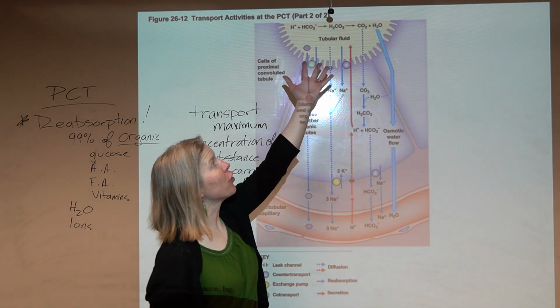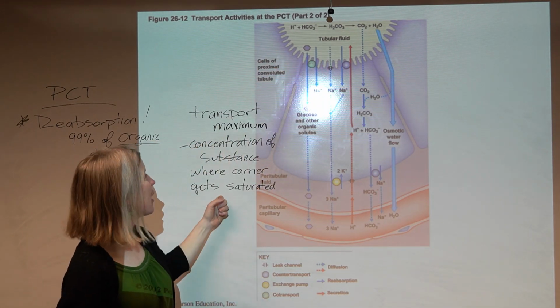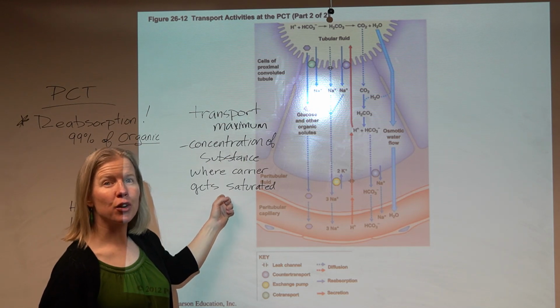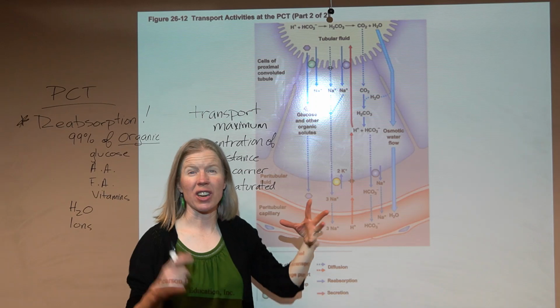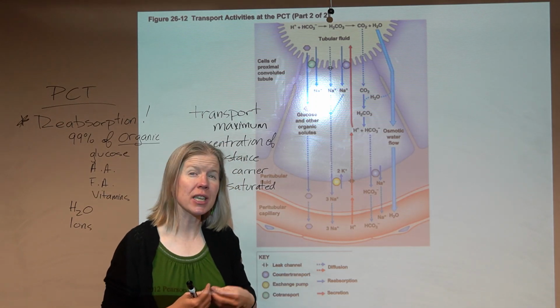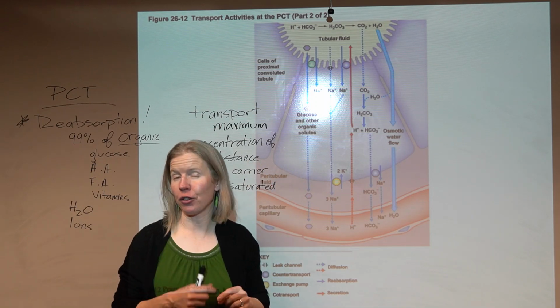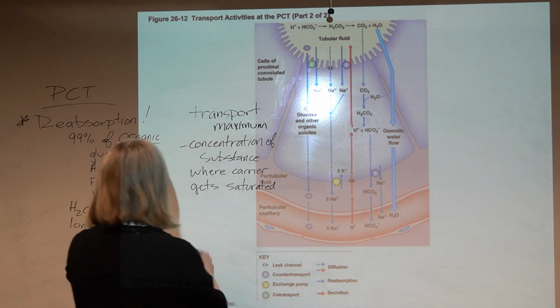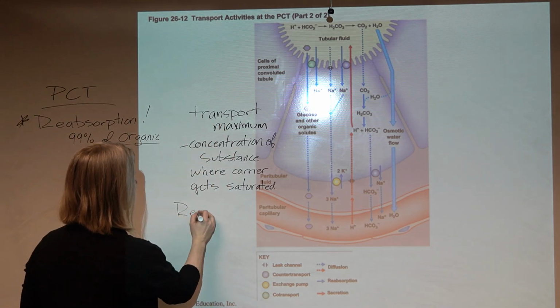So as this filtrate is coming by the proximal convoluted tubule, if we hit this transport maximum, if, say, this glucose transporter is saturated, it's not going to be able to keep bringing glucose in. That glucose will stay in the filtrate and eventually show up in the urine. And so we call that level the renal threshold.